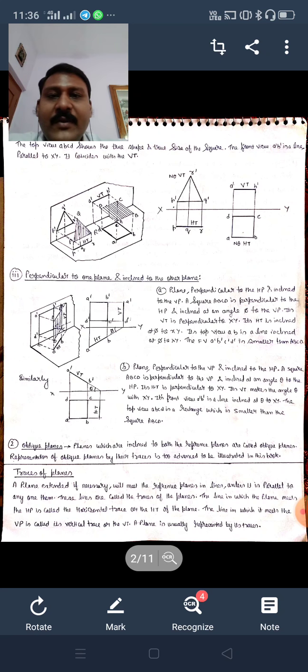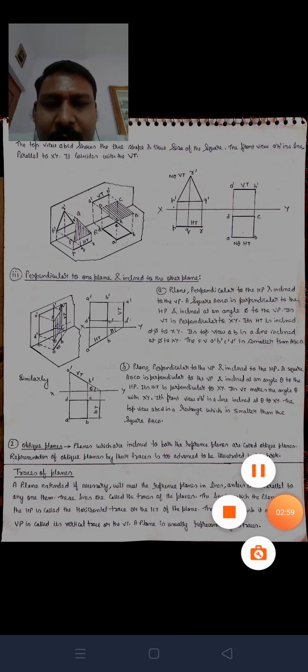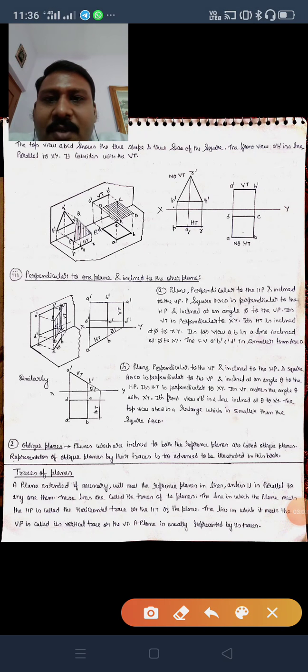So you can see in my notes that in this diagram it is clear that a square and a triangle have been kept over there. Just wait for me, allow me to update the brush also. So see here, this is the square and this is the triangle.